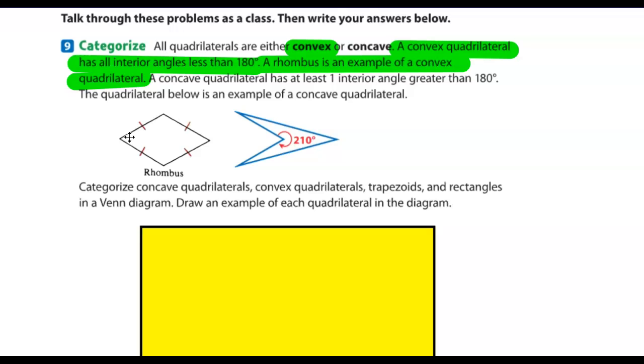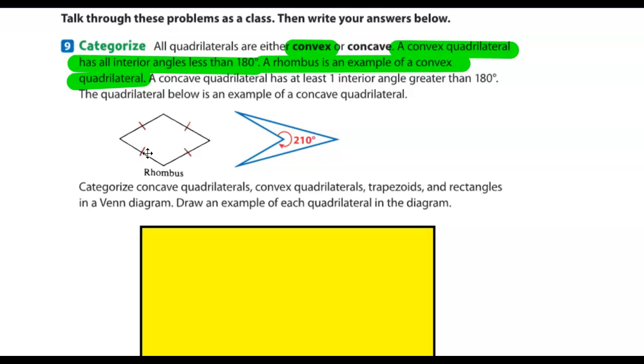Well, then it also has two obtuse angles that are opposite of each other. So the angle at the top and the angle at the bottom, right here and right here, are both obtuse angles. But none of them are going to be greater than 180.